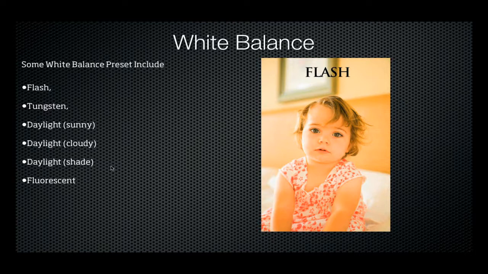So back in the days of film, we would have to use special filters in front of the lens to try and counterbalance that fluorescent cast, which could be a bit tricky because all the fluorescent tubes were never exactly the same, so it was always a bit of trial and error. These days, of course, shooting digital, we've got these presets and everything's a bit easier.